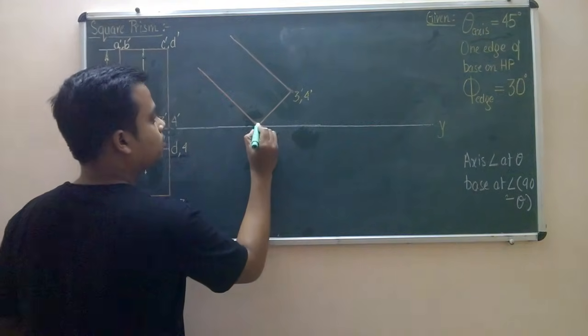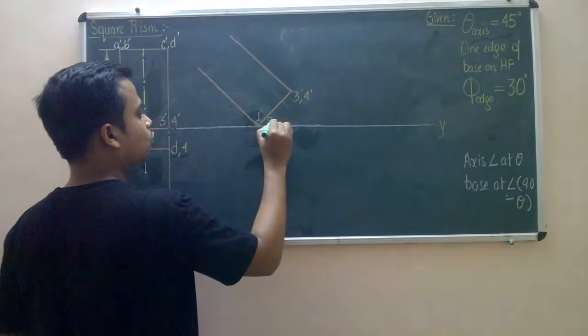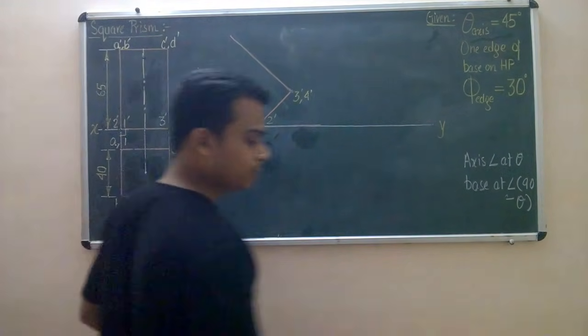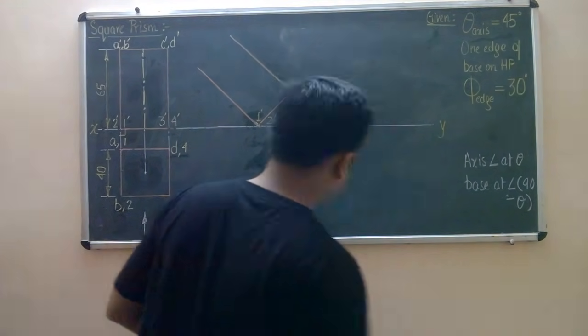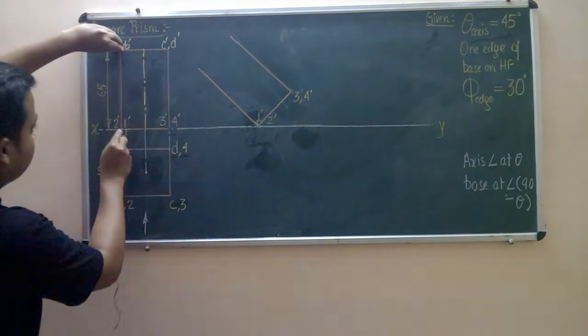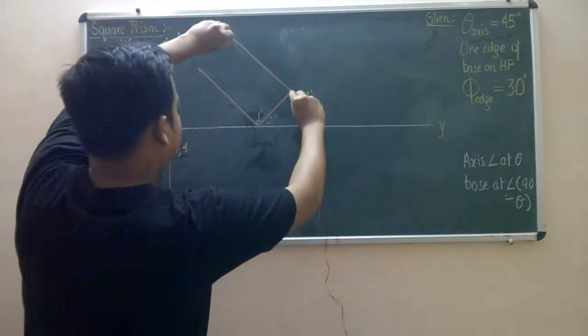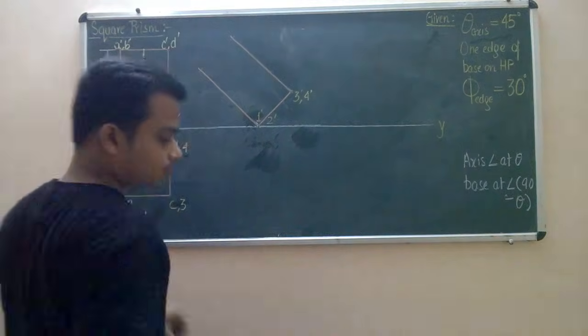Now, here we have a point in the name of 1 dash, comma 2 dash, this point, right? And the points above at the top are A, B, and C. So let us first locate A, B. That's A, B, and that's C, D for you.